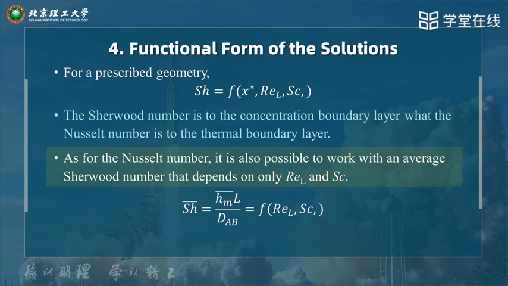As for the Nusselt number, it is also possible to work with an average Sherwood number that depends only on Reynolds number and Schmidt number. So the average Sherwood number equals the average mass transfer coefficient times L over D_AB, a function of Reynolds number and Schmidt number. So we can use the heat transfer equations similarly for mass transfer.